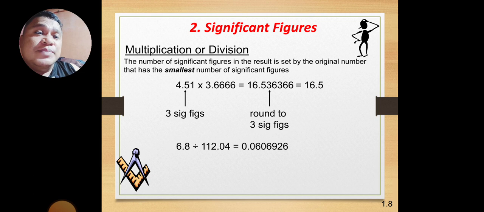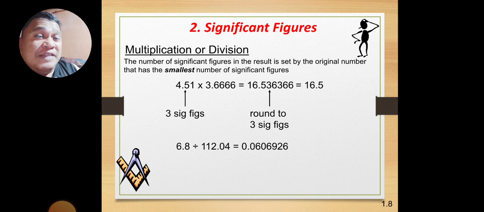And for the division, 6.8, how many significant? Two. The 112.04, how many significant? 5. Which is the least, smallest, the 2 or the 5? So the smallest significant in the operation is 2. Therefore, your answer should have 2 significant digits all in all. Initially, your answer is 0.0606926.